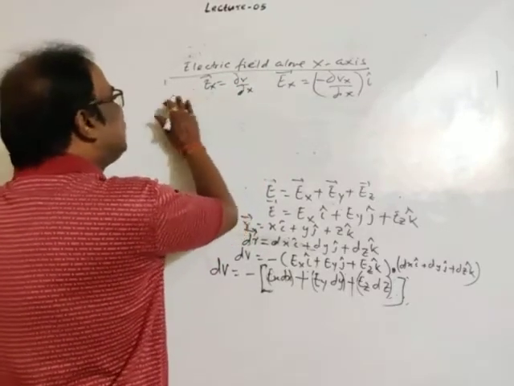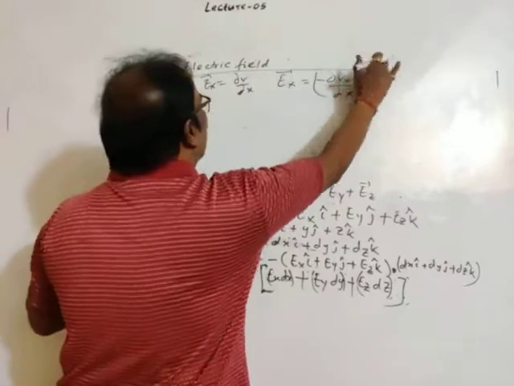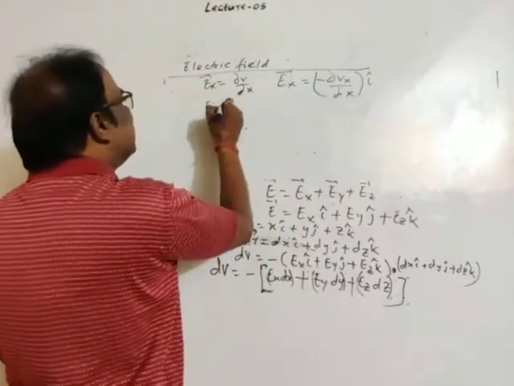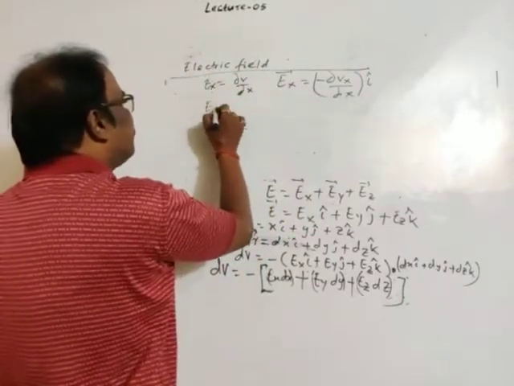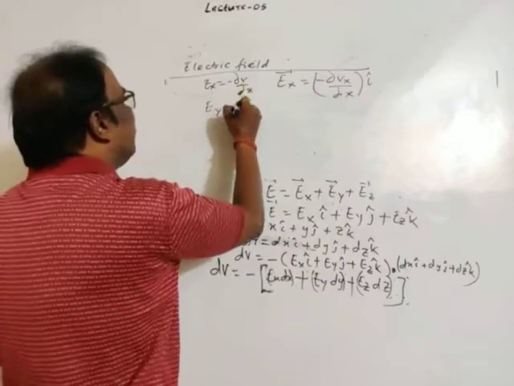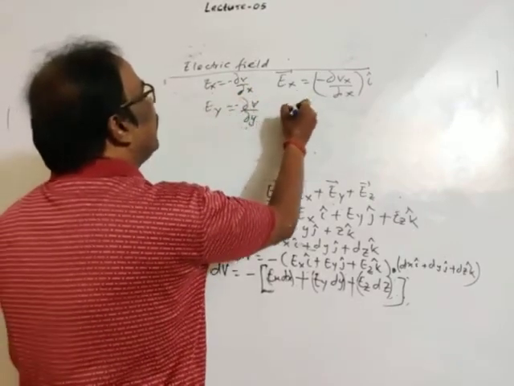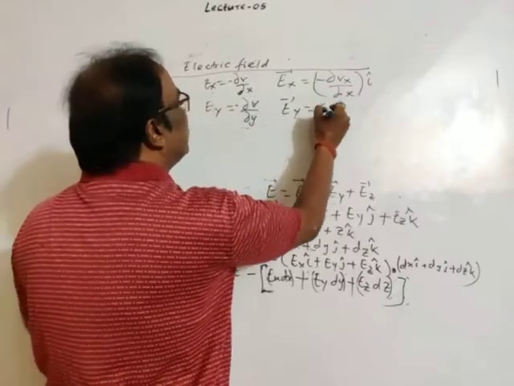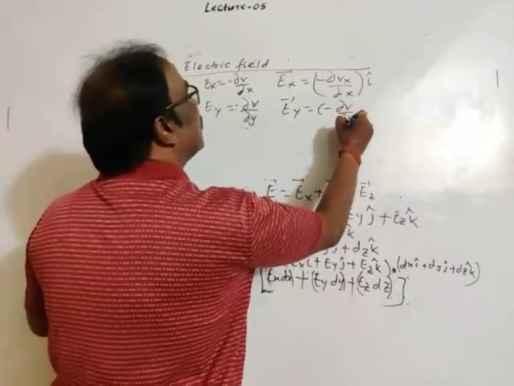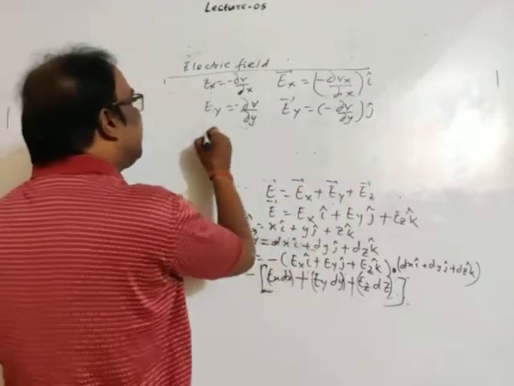So electric field along the x-axis Ex, along the y-axis partial derivative with respect to y, or Ey in vector form into j cap.